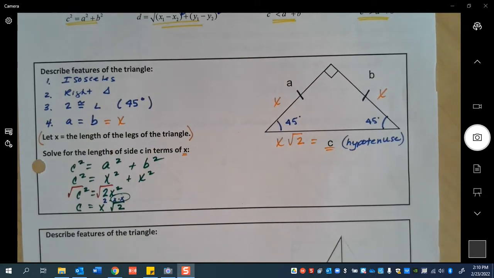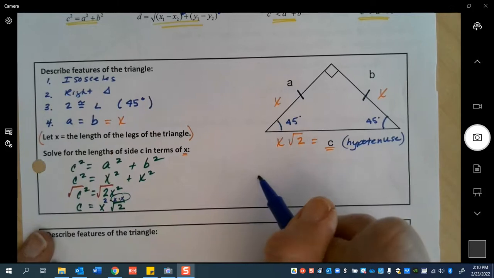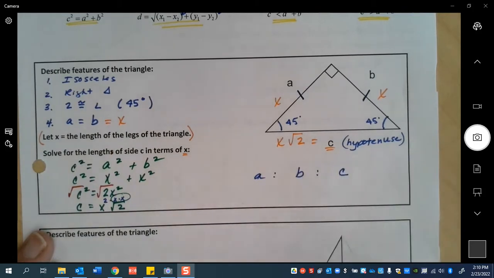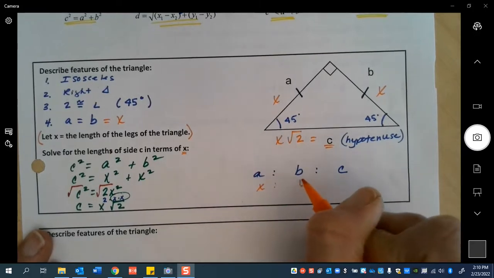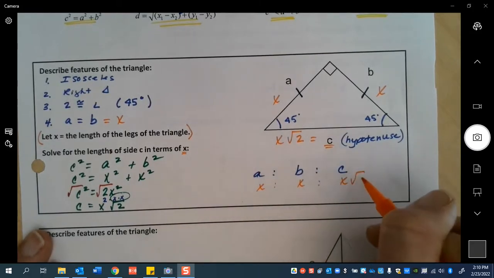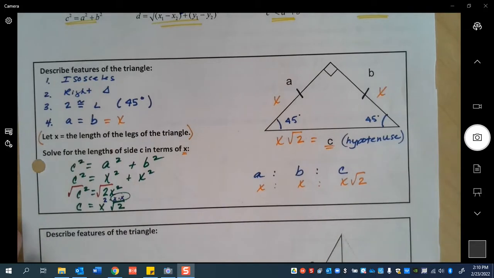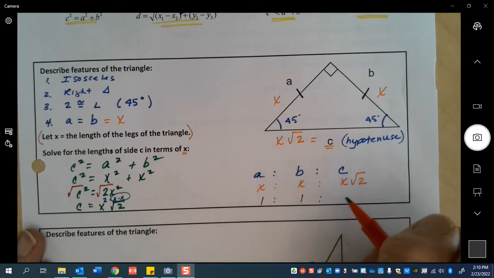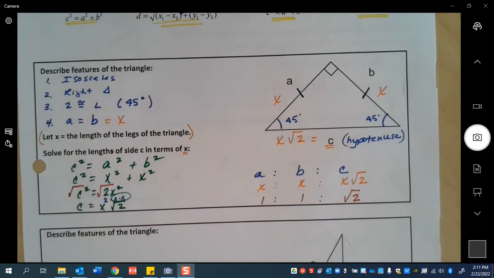So if I only have one side of an isosceles right triangle, I can use this story to always figure out what my side lengths are, because for the ratio of A to B to C, A and B are going to have the same side length, and C is that side length times the square root of 2, which means they have a 1 to 1 to root 2 simplified scale factor.